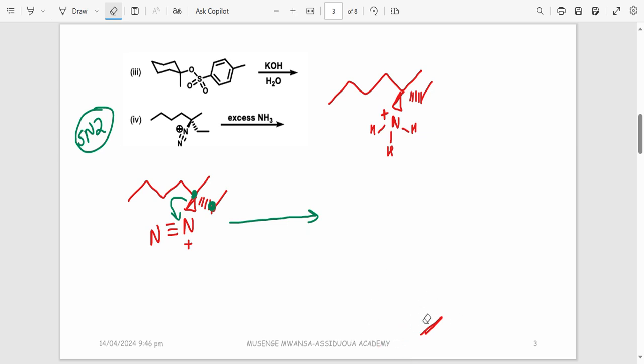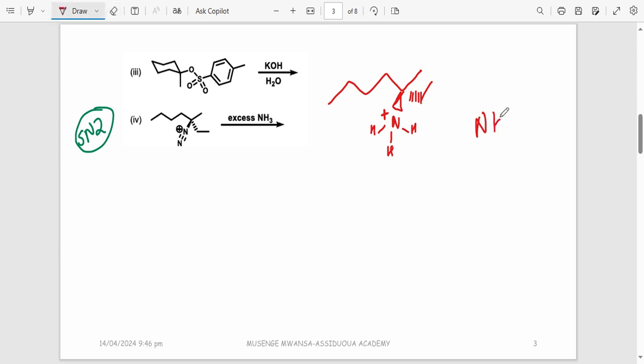Normally, you don't want to form products which are charged because they are unstable. And because our nucleophile is in excess, the nucleophile comes in again. It will grab one of these hydrogens, breaking the bond.